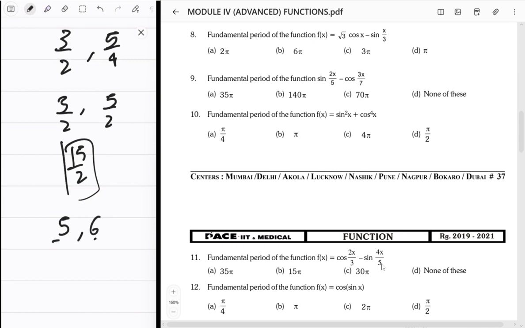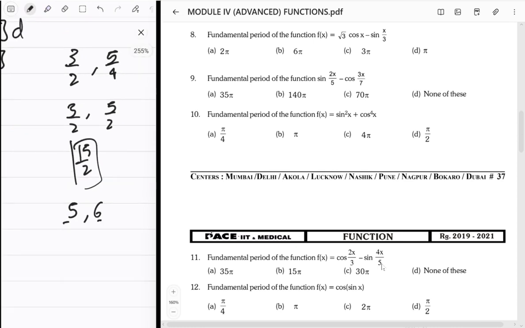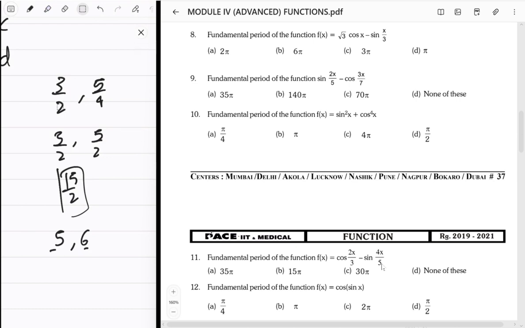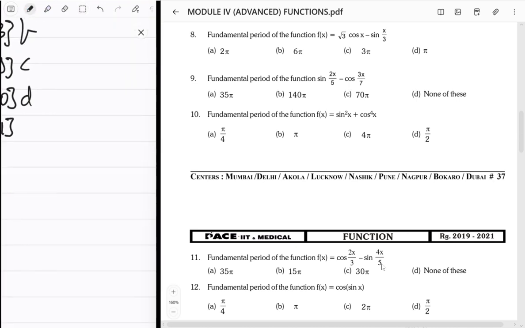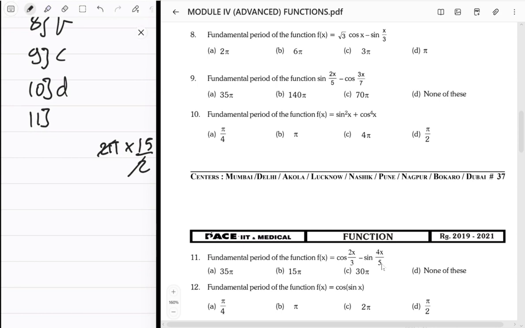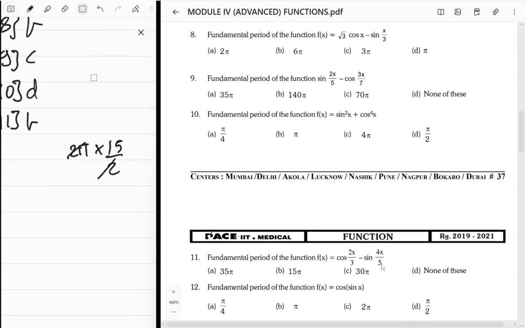Yeah. So M and N values are these guys, which are co-prime, which means yes, this is the LCM in fact. 15 upon 2, that should make sense. 15 upon 2 is the LCM, and then this thing times 2 pi. Clearly, 15 pi is the period. Next question.